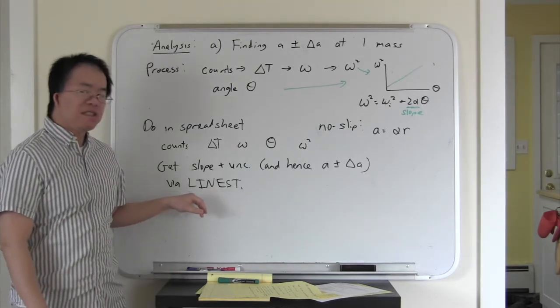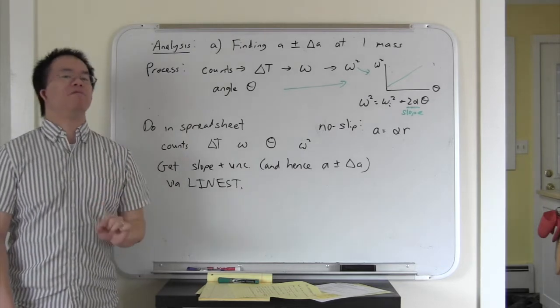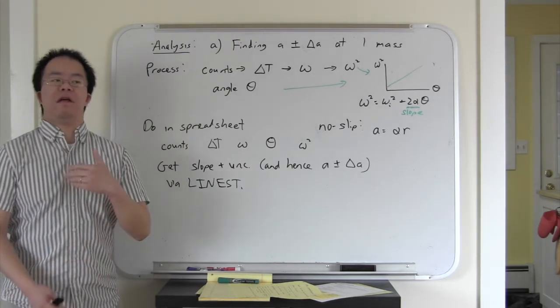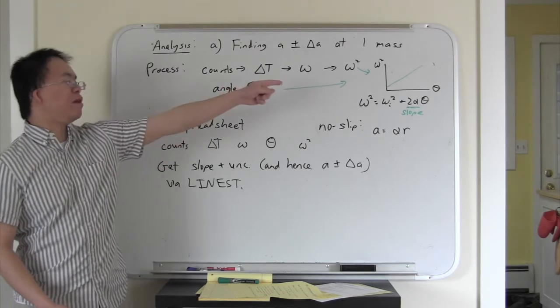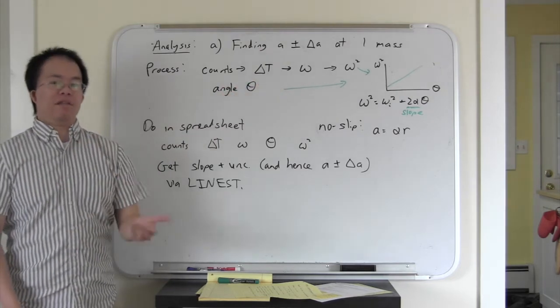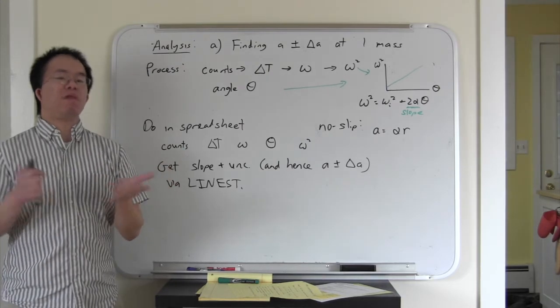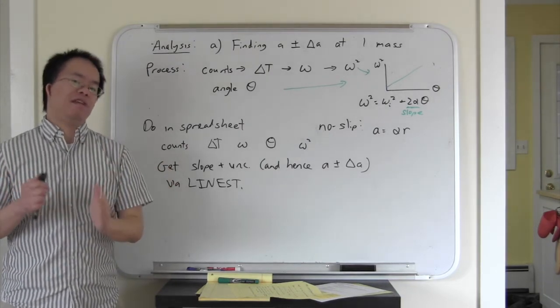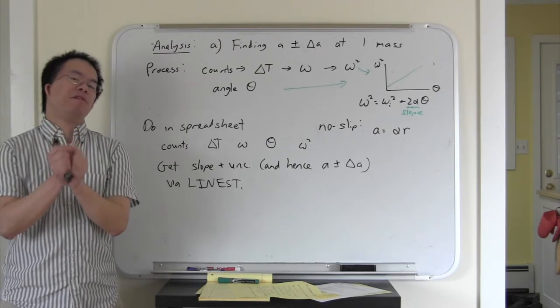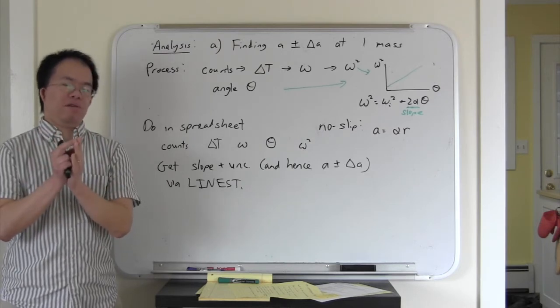These statistical uncertainties have to do with the deviation between your straight line model and your data points. That's a valid thing to work with if those individual data points have a small uncertainty.